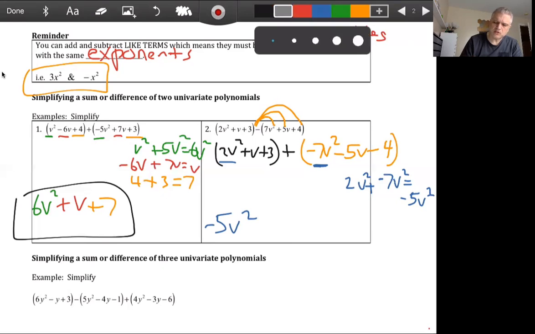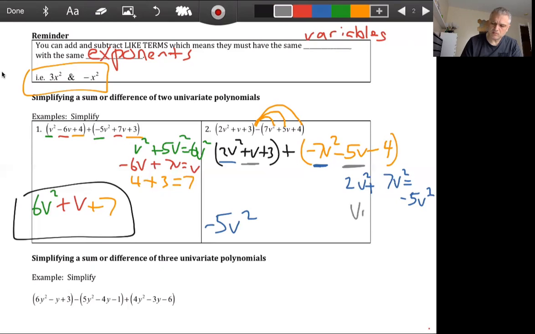Next term, positive v. We're going to add negative 5v. So v plus negative 5v. From that, 1 plus negative 5 is negative 4, so that's minus 4v.